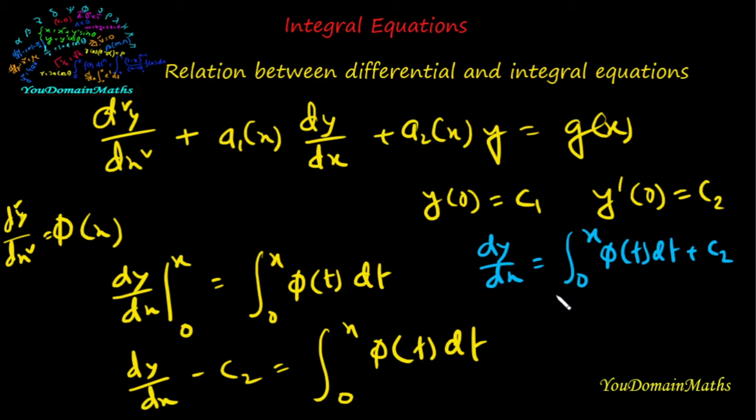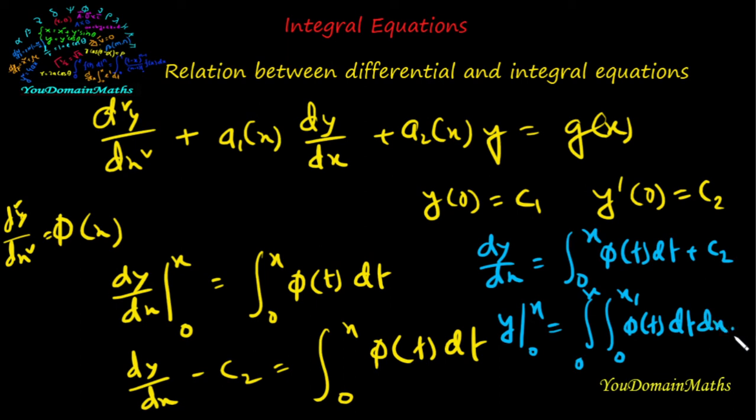If you integrate this with respect to x, then we can write y with integrating limit 0 to x, and there are two integral signs, phi of t dt from 0 to x and 0 to x. If this variable is x1, then we integrate with respect to x1, and the final result will be shown with respect to x, plus c2 x.